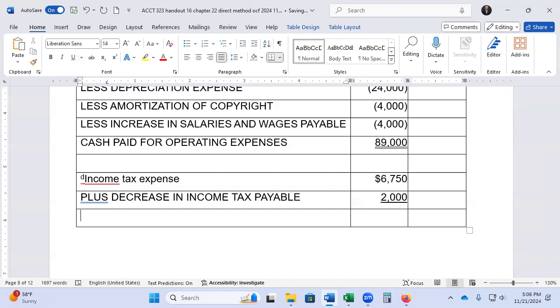We don't have DTLs or DTAs to worry about here. And so cash paid for income tax expense equals 8,750.